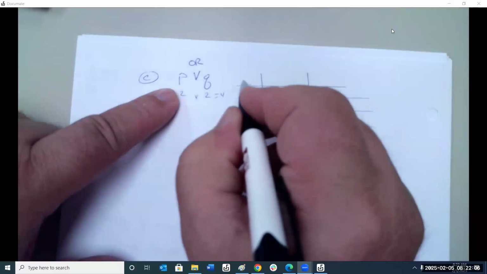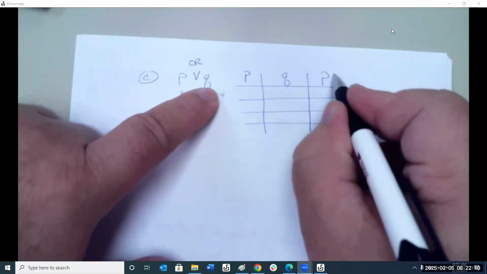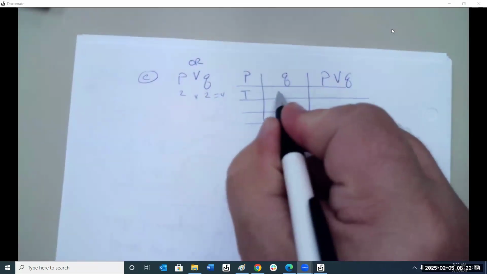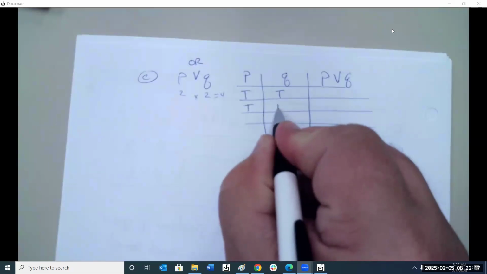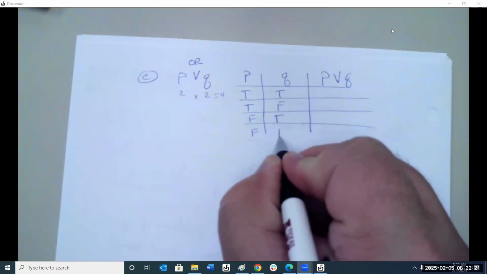We need one column for the P, one column for the Q, and one column for P or Q. So they're true, true, true, false, true, true, false, false, false.